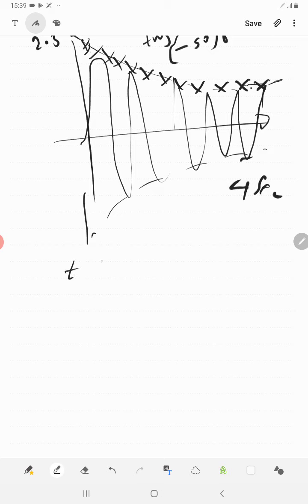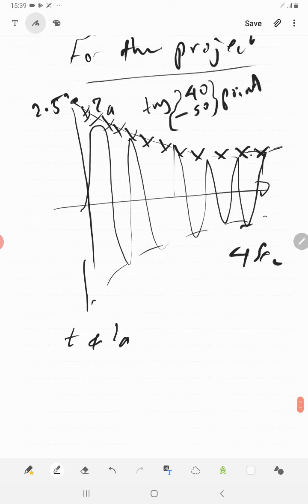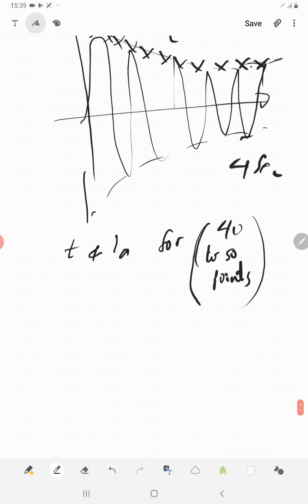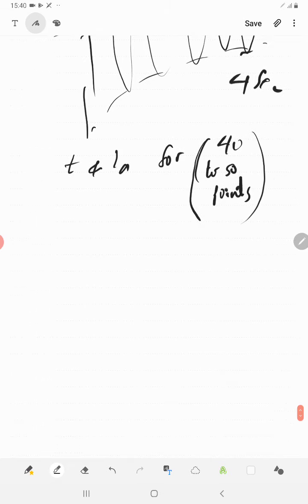Take T and IA, this is IA, okay, and IA for 40 to 50 points to get better approximation, okay? So it means 0, for example, T1, T2, up to 4 seconds, okay?